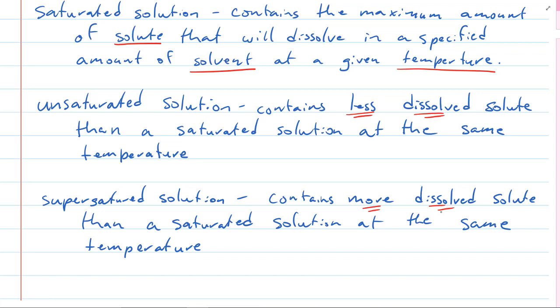What we're going to do here is demonstrate a little bit about how that might be. So I brought out some demos here today, and we'll start by looking at these two. These two solutions are solutions of sodium chloride, which of course is ordinary table salt.